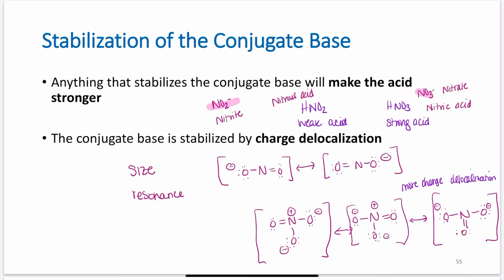Therefore, its conjugate base is more stable and less likely to take a proton back. Therefore, a stronger acid.